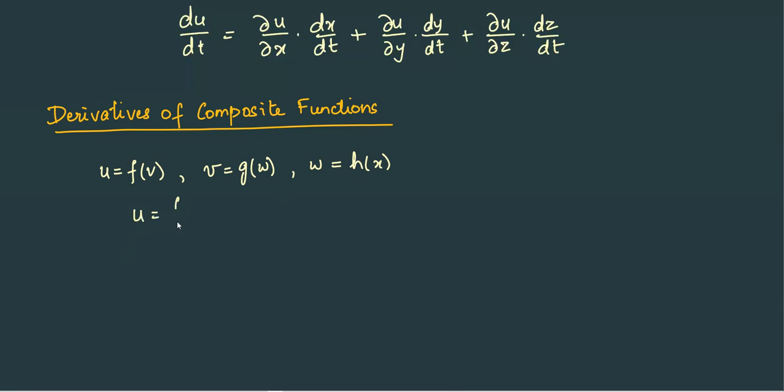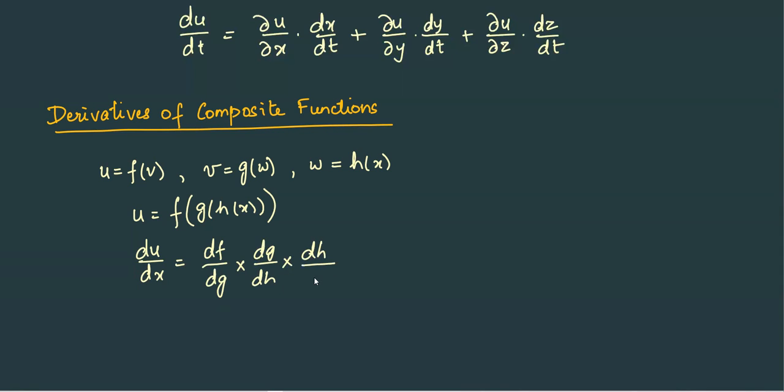So basically u is f of g of h of x. So how do we do this? Suppose I want to find du by dx. So what do I do? df by dg times dg upon dh times dh by dx. This is what? Chain rule. This is the chain rule of differentiation, isn't it? This is for a function of a single variable.